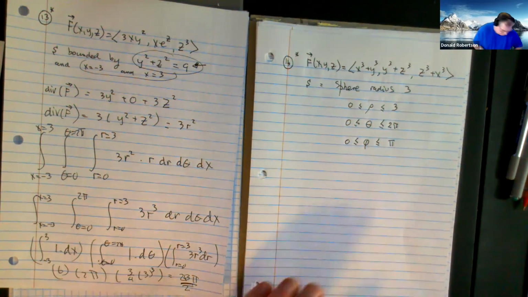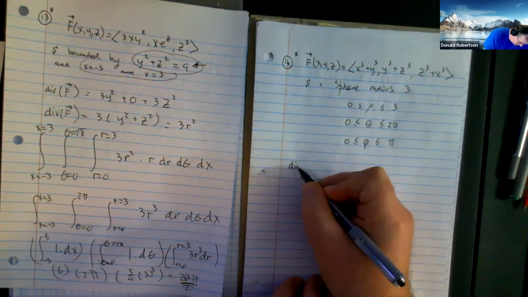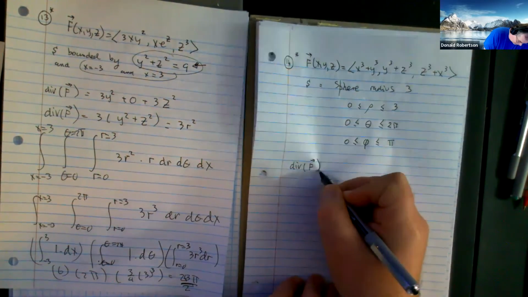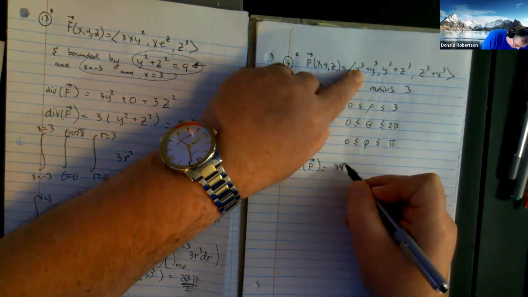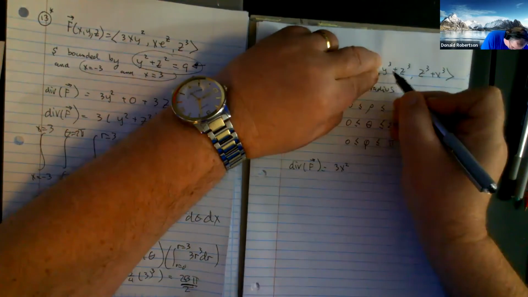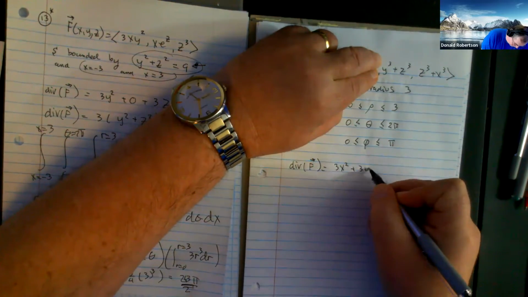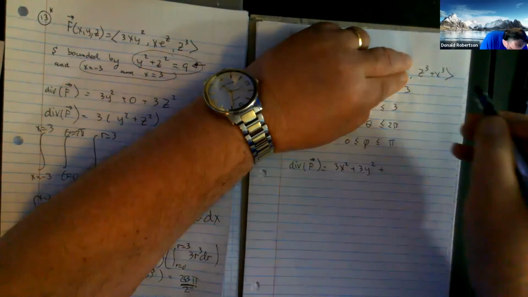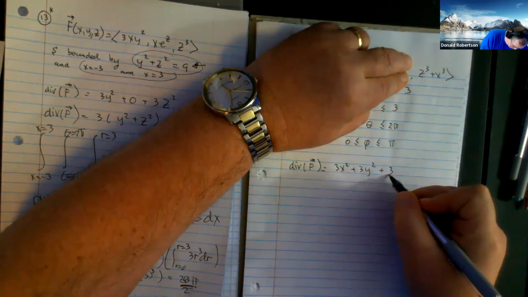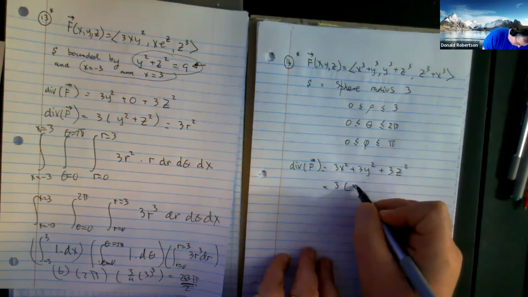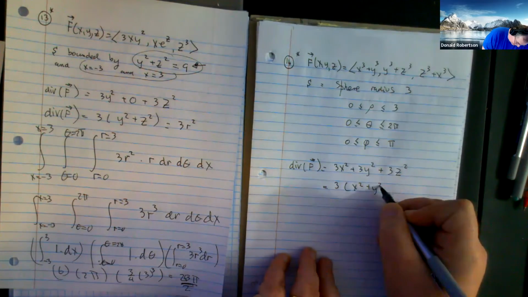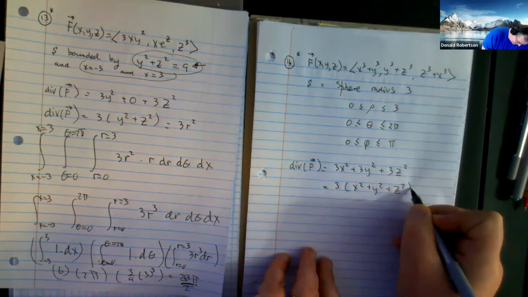Right. Now, let's find the divergence. The divergence of f is, if you differentiate this with respect to x, you get 3x squared. If you differentiate this with respect to y, you get 3y squared. And if you differentiate this with respect to z, you get 3z squared. And I'm going to pull out a 3, and we're going to get that guy.